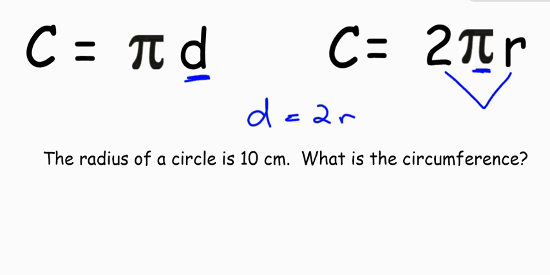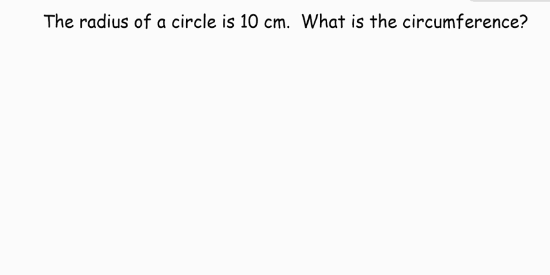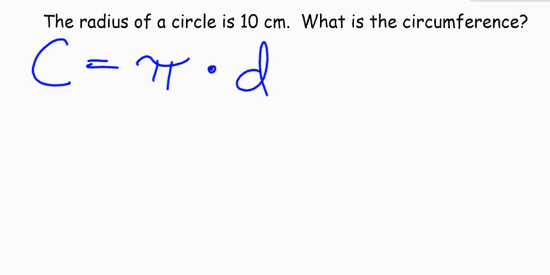For instance, we have the radius of a circle is 10 centimeters. What is the circumference? Okay. All right, so circumference equals pi times diameter. That's our initial equation. However, as we're looking at this, we're realizing this says radius. It doesn't say diameter.